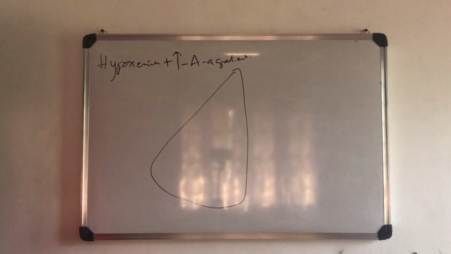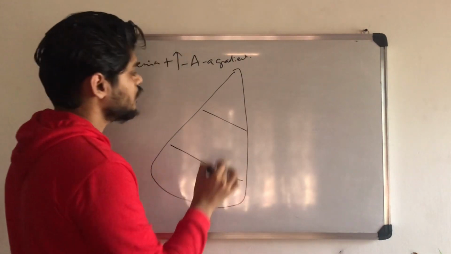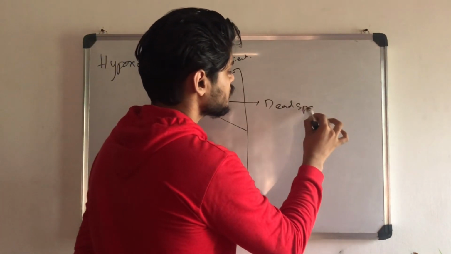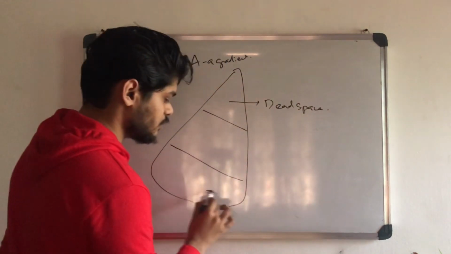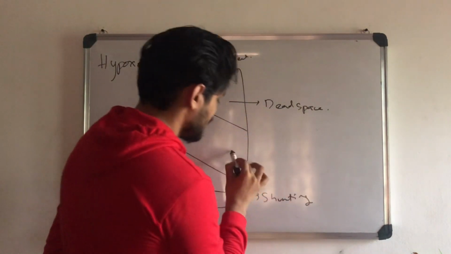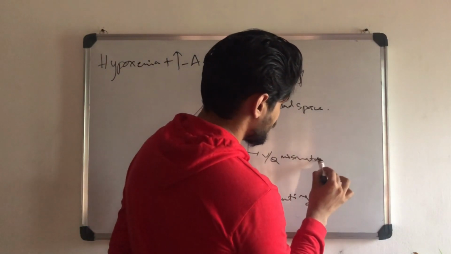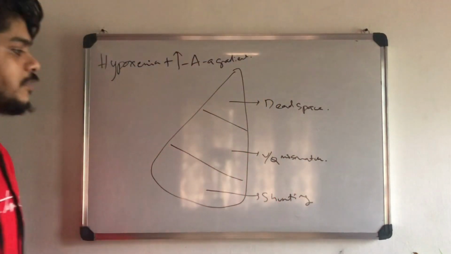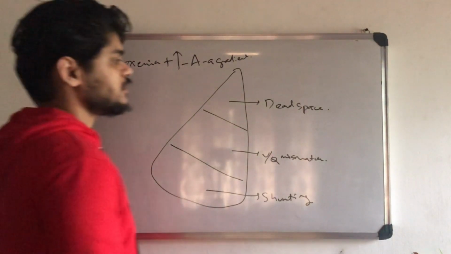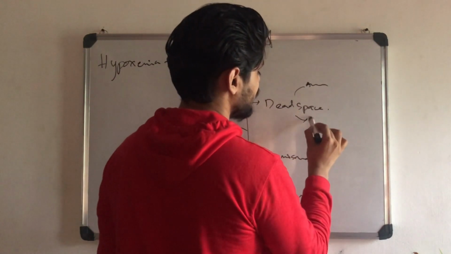Here we have dead space. Here we have shunting. Here we have V by Q mismatch. Okay. So we'll be dealing with each one. First of all, dead space. What is dead space? We know that there are 2 types of dead space: anatomical dead space and physiological dead space.